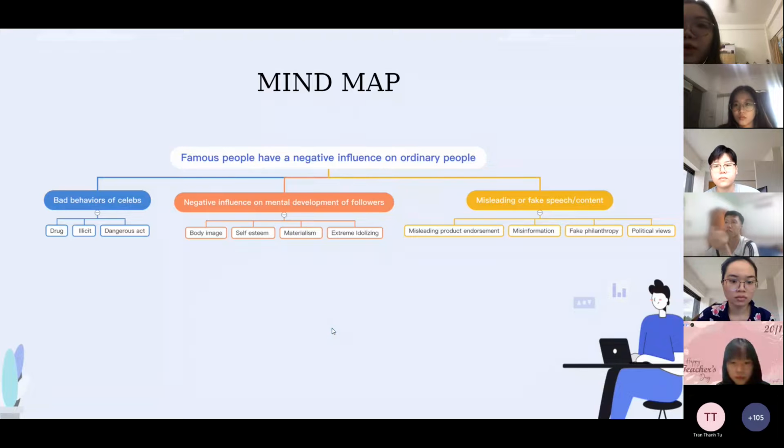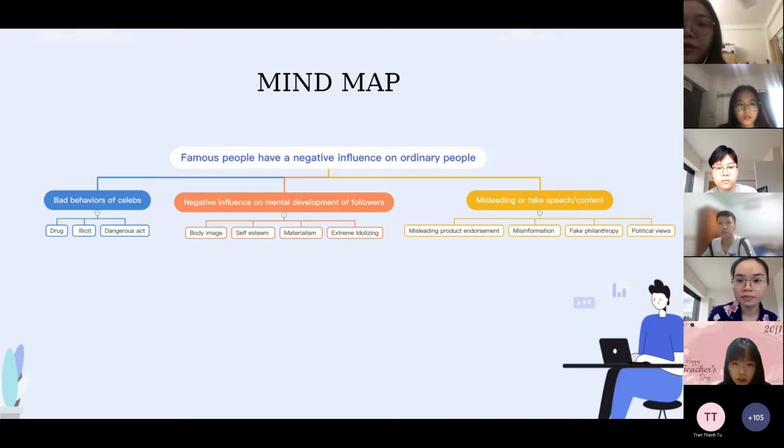Okay, so before we start with our argument, I would like to lead you through our outline. So by saying that famous people have negative influence on ordinary people, there are three main negative influences here. The first one is the bad behaviors of celebrities.